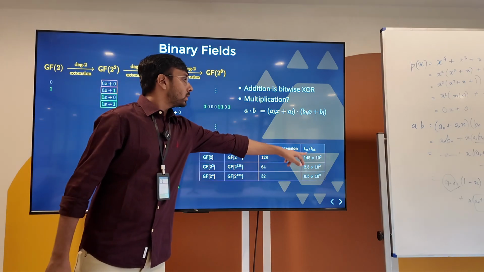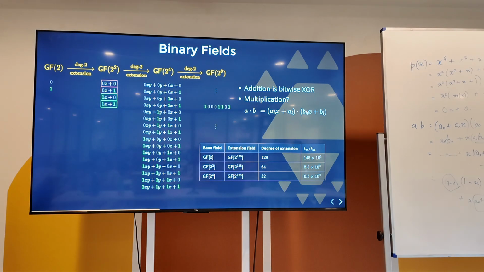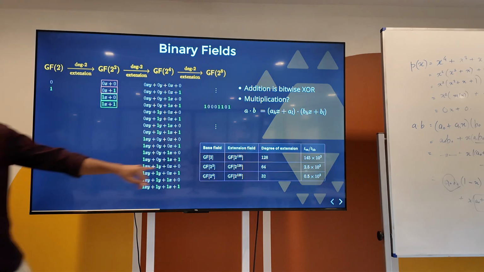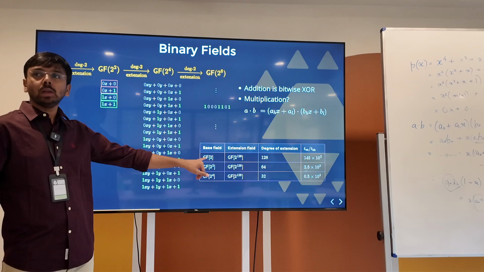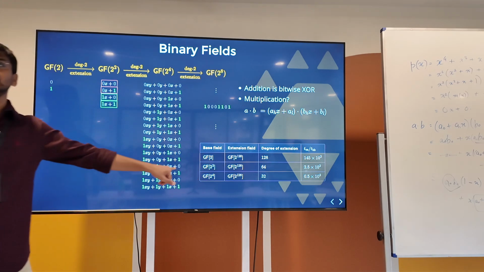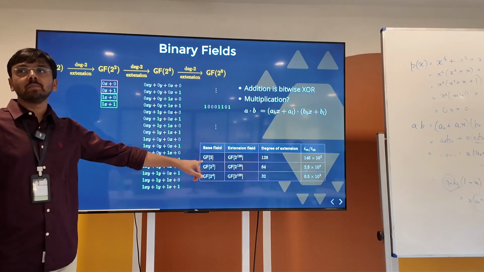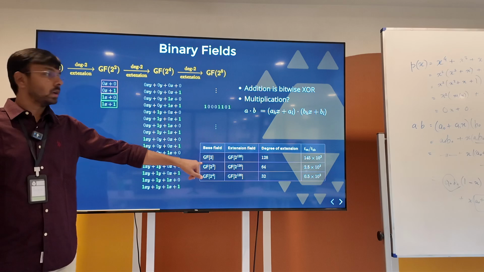Now, the last column measures the ratio of how much time it takes to multiply 2 elements in this field versus how much time it takes to multiply 2 elements in the base field. Multiplying 2 elements in the base field should be very fast, equal to your processor speed, because it's just a simple AND operation.